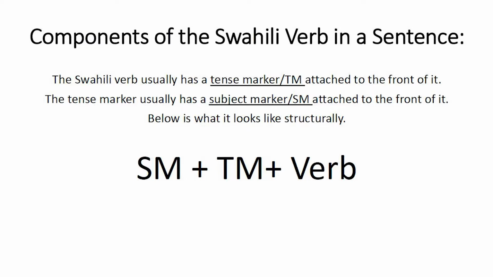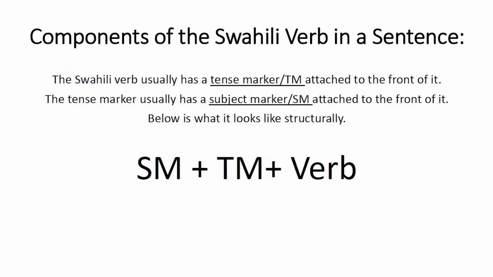Let's look at the screen. The Swahili verb usually has a tense marker, which we will call TM, attached to the front of it. You'll see the illustration at the bottom of the page, SM plus TM plus verb.